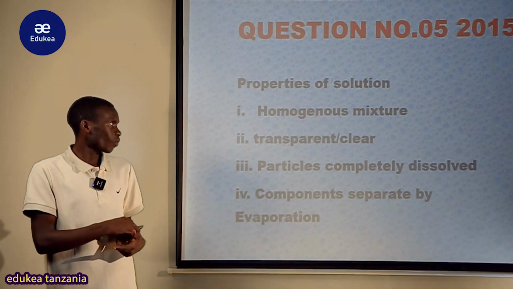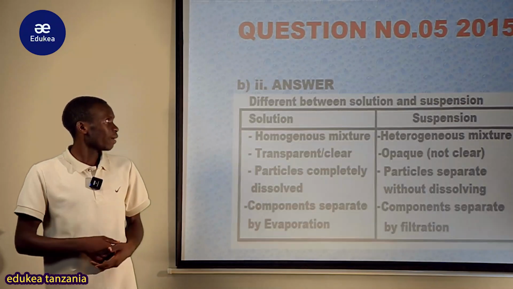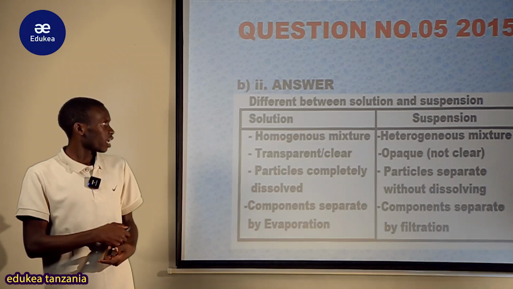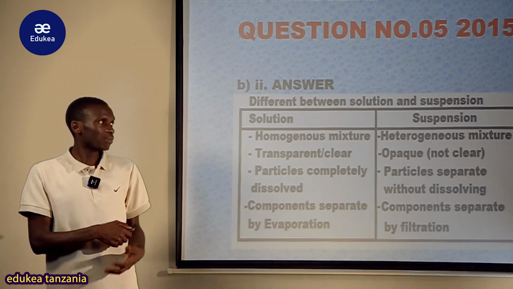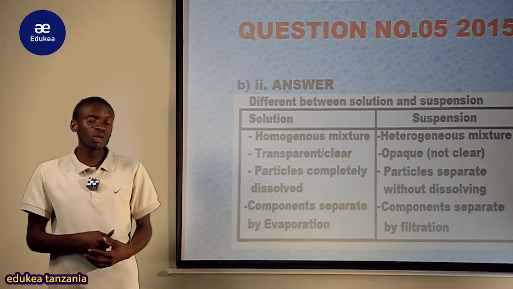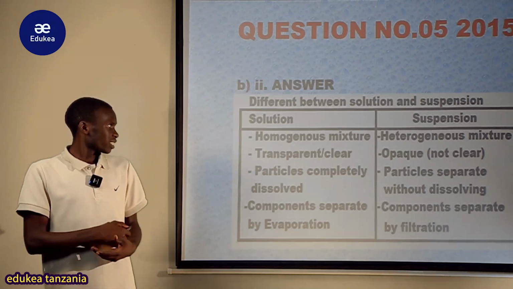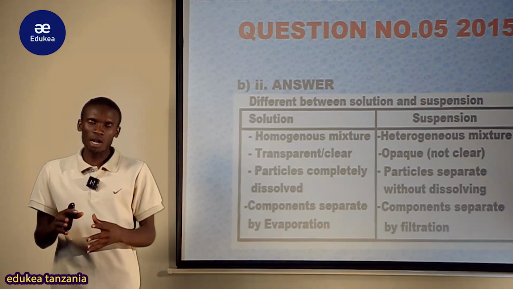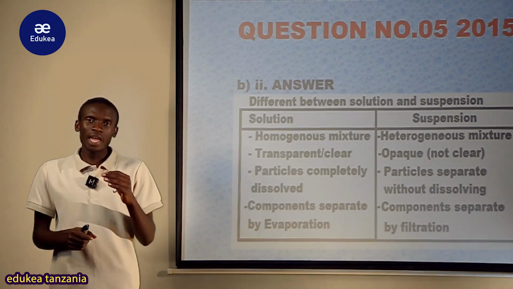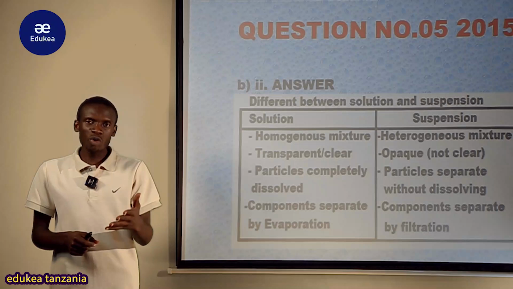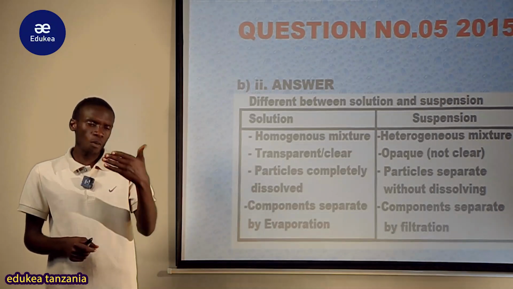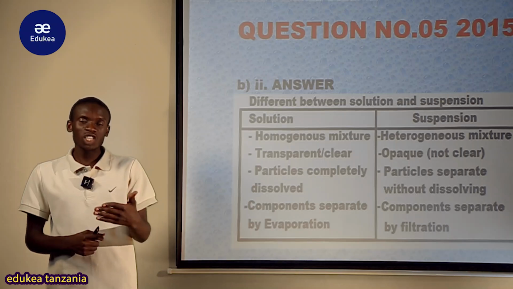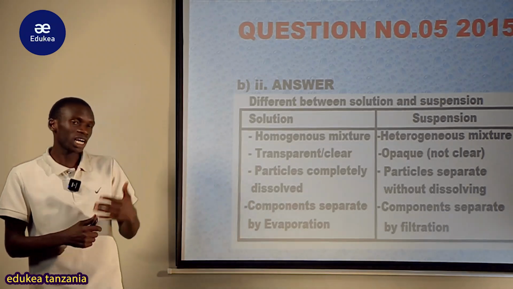So after that, let's check the difference between solution and suspension. A solution is a homogeneous mixture, but a suspension is a heterogeneous mixture. A solution is transparent while a suspension is opaque. For example, mango juice is a suspension, it is opaque, but a mixture of water and sugar is a solution because it is clear.